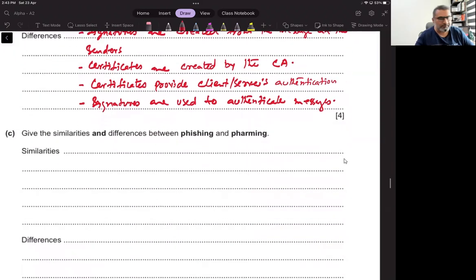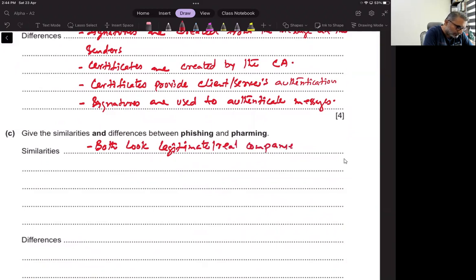Okay. Give the similarities and differences between phishing and pharming. Similarities: both look like legitimate or real companies' sites.